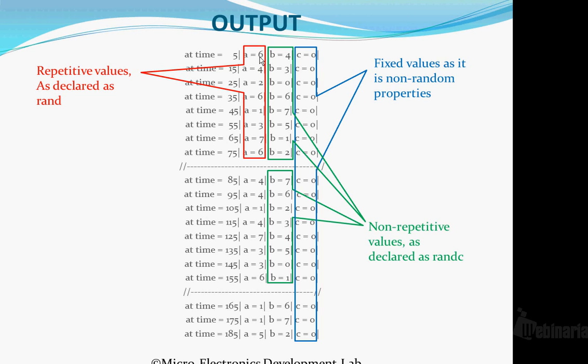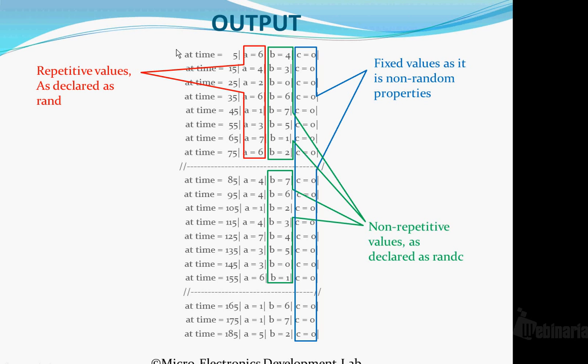Here you can see the value 6 of A is repeated 3 times. This is because A and B are 3 bits wide, so they can take 2 to the power 3, which is 8 values, from 0 to 7.